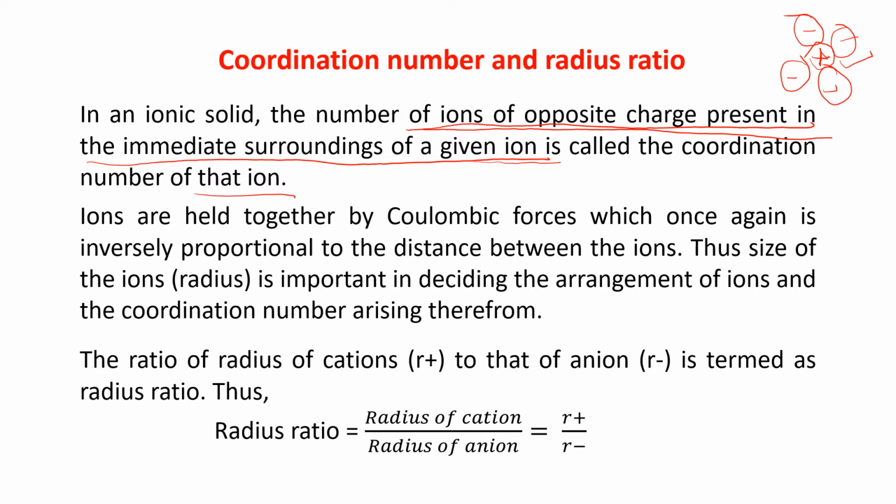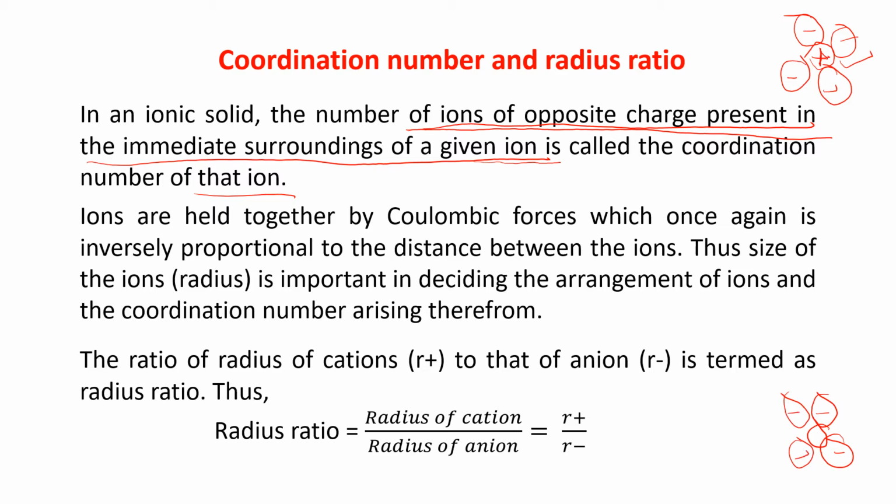That means the ionic radius will be more. Thus, the size of the ion or the radius is important in deciding the arrangement of the ions. If the size of the cation is smaller, it can be surrounded by 4 anions.